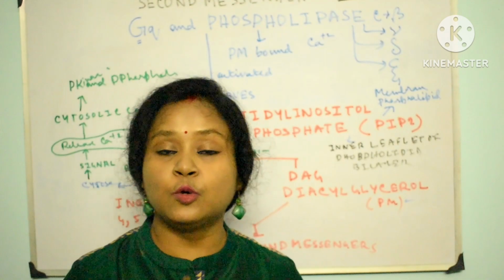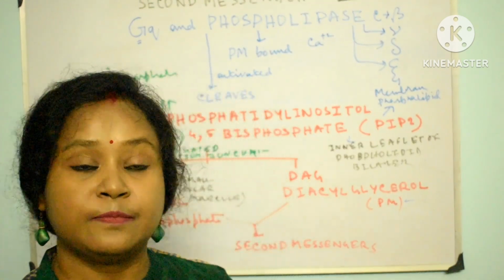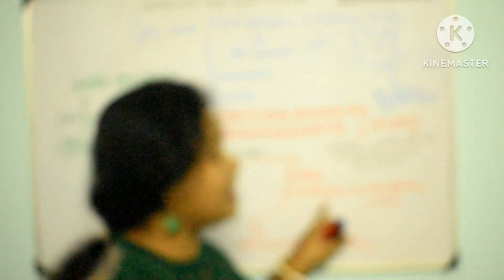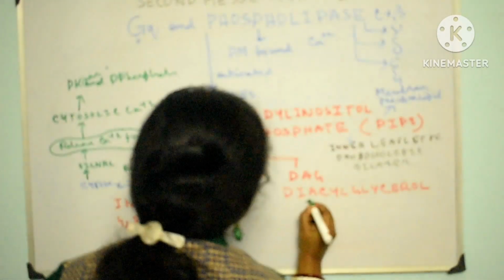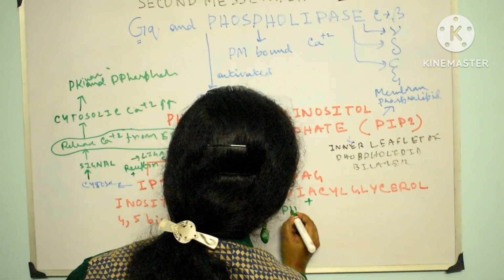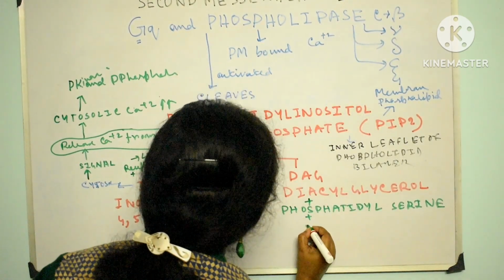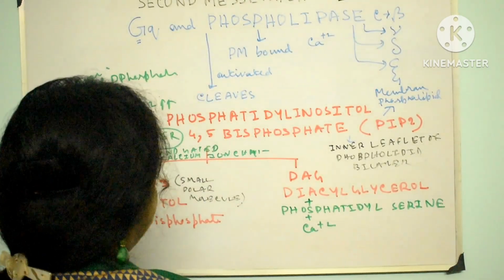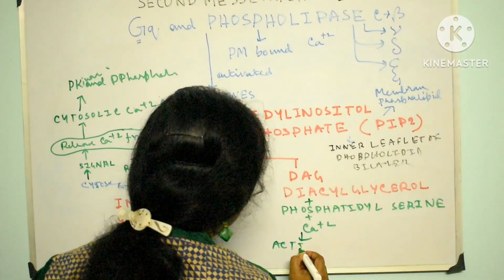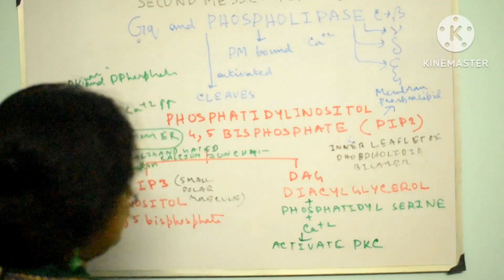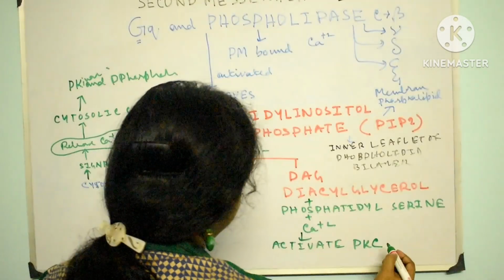Okay, now come to another secondary messenger and its working principle: diacylglycerol. It binds with phosphatidylserine with lots of calcium ion, and this also activates protein kinase C. Once PKC is activated, what does PKC do?